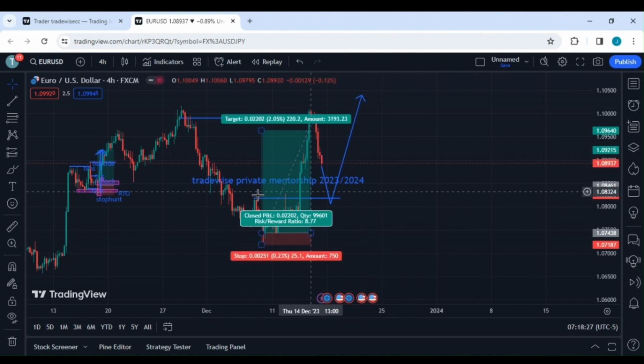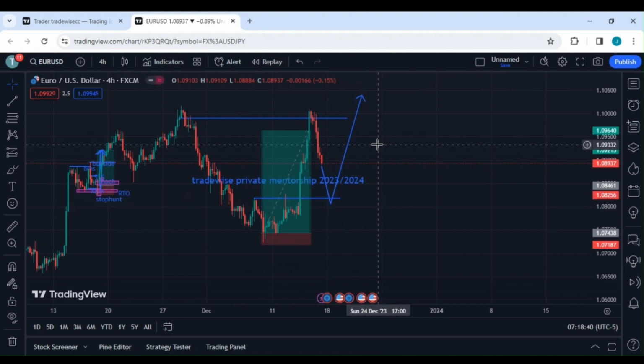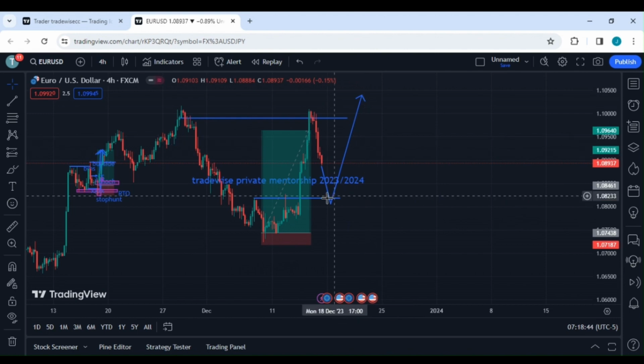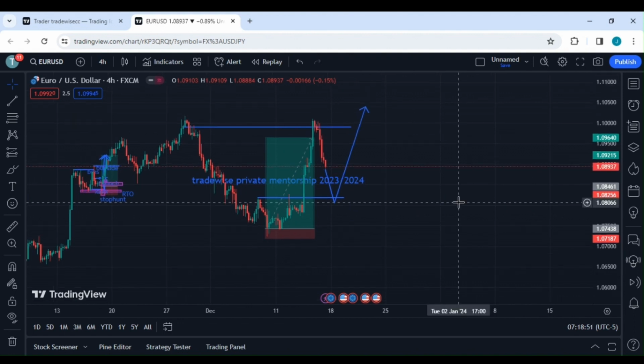We can see price coming back to this area of demand, which was supply turned demand, and we just need to be seeing our type 1, 2, 3 patterns that I showed on the Telegram channel. So that is it for the week 51 preview and review for week 50.